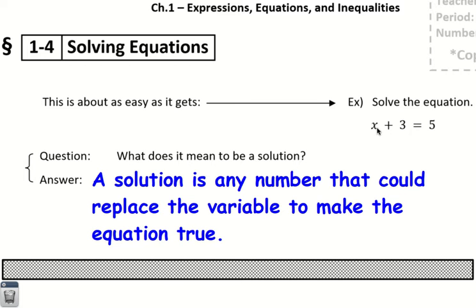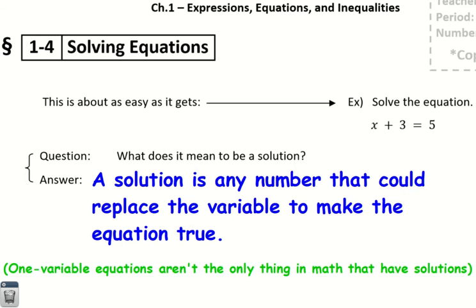What number plus 3 would equal 5? Of course, the solution to this equation is 2. There's one answer and one answer only, one solution only, and that one solution is 2. x would be 2. 2 plus 3 equals 5.